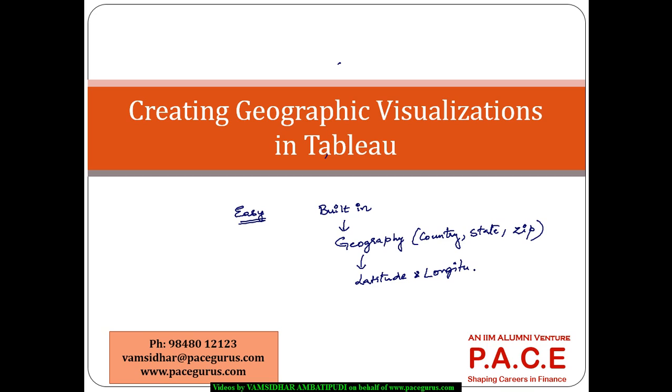So that is a part of the built-in database of Tableau. Generally, for a good number of countries, states, cities, zip codes, the latitude and longitude are already built in.